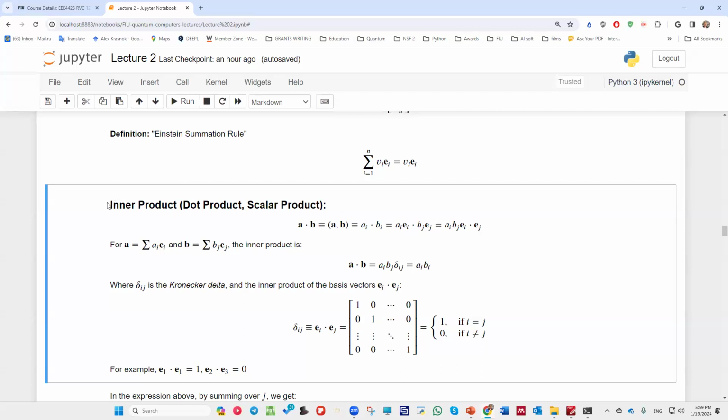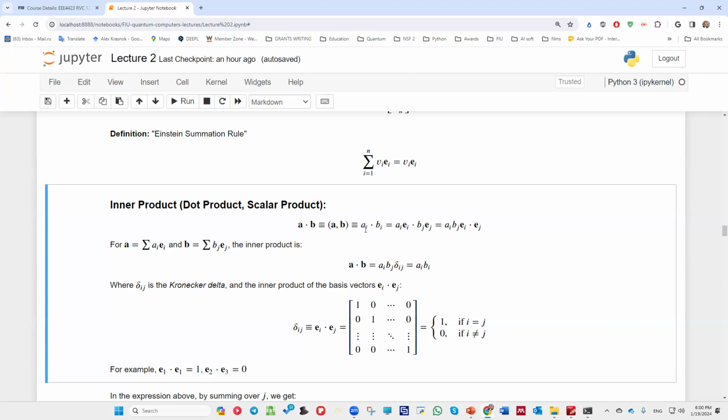The first one is the inner product. In books, it's also called the dot product or scalar product. It gives a scalar, because the result of this product is actually a scalar. So let's consider two vectors, A and B, and I can form this inner product.